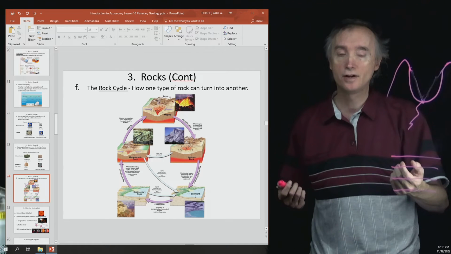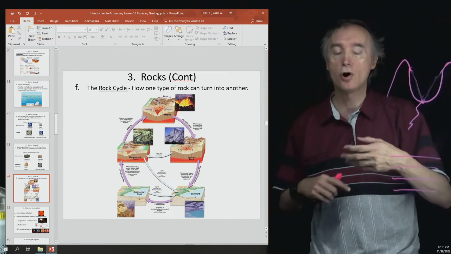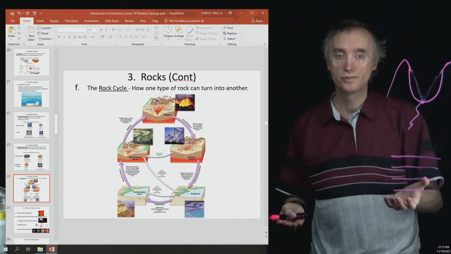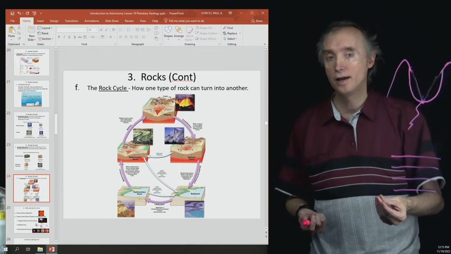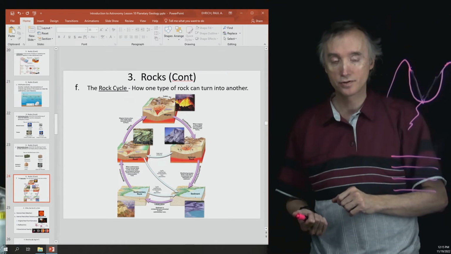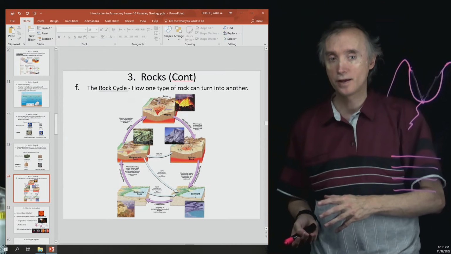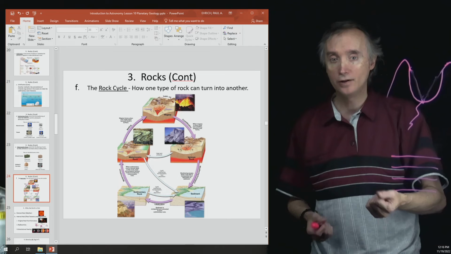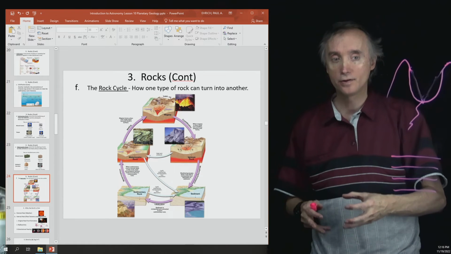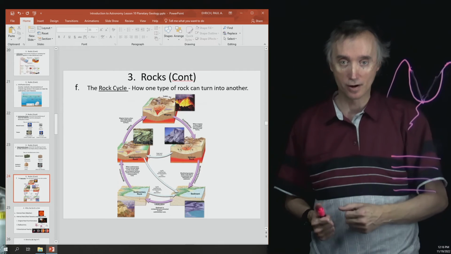Because let's say that you've got a sedimentary rock and you overheated it. If you really heated it up, it would liquefy and then it would turn back into an igneous rock. So we could go backwards. You could take a metamorphic rock and subject it to water and ice and wind, and you could break it apart, and then those parts could be glued together and turn into a sedimentary rock.